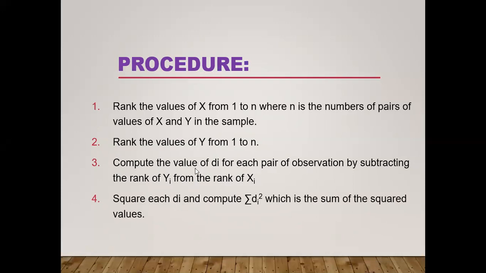This di is xi minus yi, and then you square it and sum up, which is summation di square, the sum of the squared values.